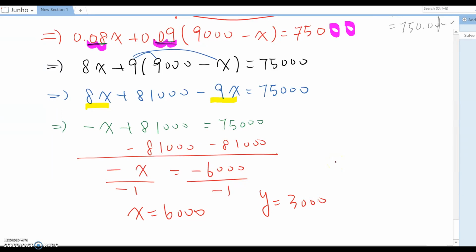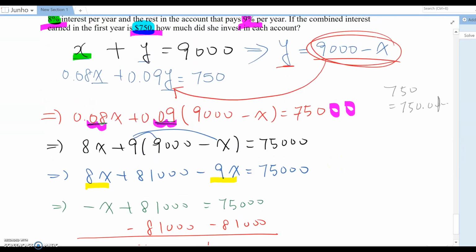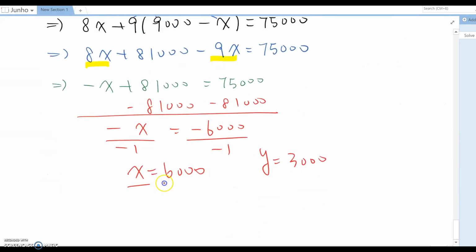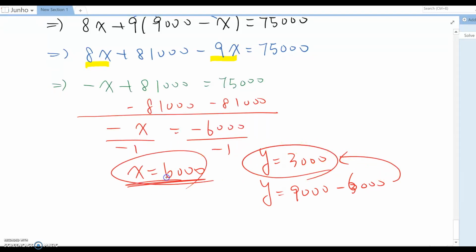Why? Because x plus y must be 9,000. So x equals 6,000, then y becomes 9,000 minus 6,000, which is 3,000. So we found she invested 6,000 in the 8% account and 3,000 in the 9% account.